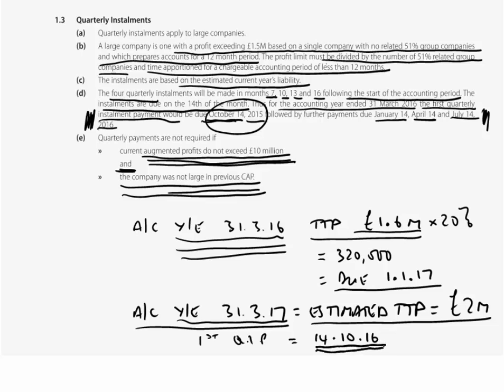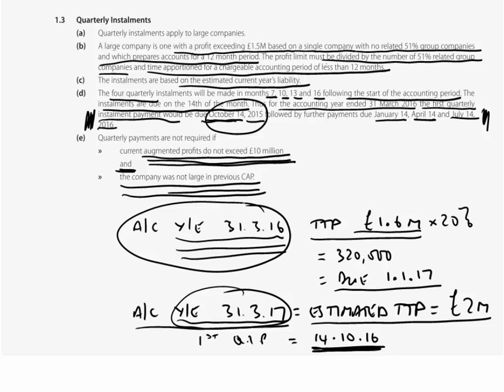So look at what now happens. This company will have to now start making its corporation tax payments for this accounting period, the year ended 31st of March 17, on the 14th of October 2016, compared to when it will have to settle all of its liability for the year ended March 16. That will be due the 1st of January 17. Look at the cash flow effect of this.